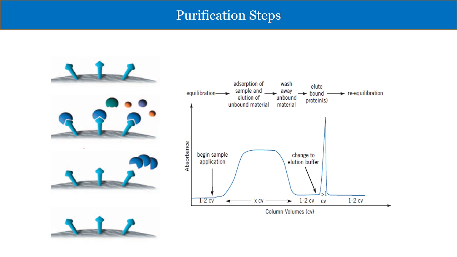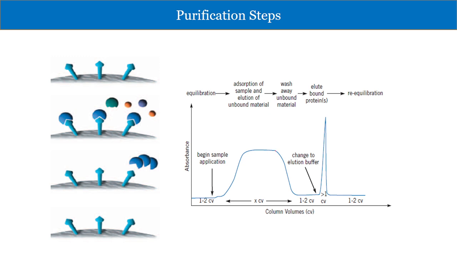So what are the steps of purification? First is the equilibration step, where you use 1 to 2 column volumes for equilibrating your column with that particular buffer. Then comes the loading, or the absorption of the sample, and the elution of the unbound material.